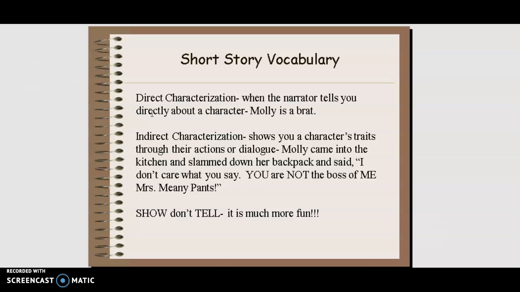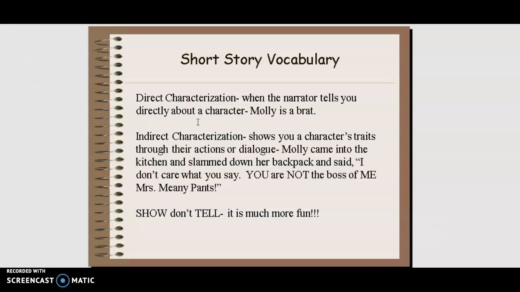Also, there's direct characterization, in which the narrator tells us directly about the character. For example, Molly is a brat. Indirect characterization is recognized by the fact that it shows you a character's traits through their actions or dialogue. Molly came into the kitchen and slammed down her backpack and said, I don't care what you say.